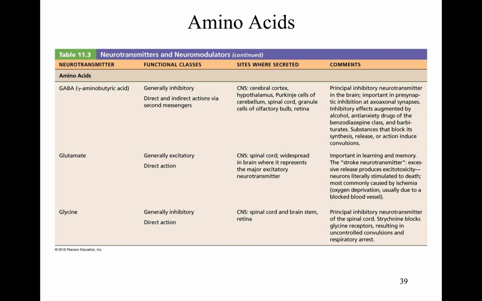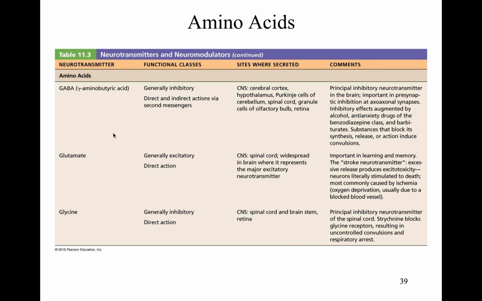Another group of neurotransmitters are amino acids. Certain amino acids can also act as neurotransmitters, released from neurons in order to produce graded potentials on postsynaptic neurons. There are three different amino acids that we're going to focus on. We're not going to go into a ton of information about amino acids as neurotransmitters.